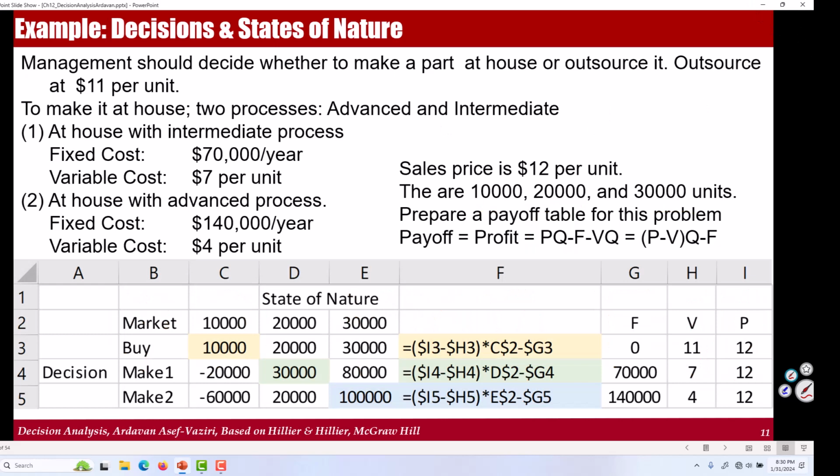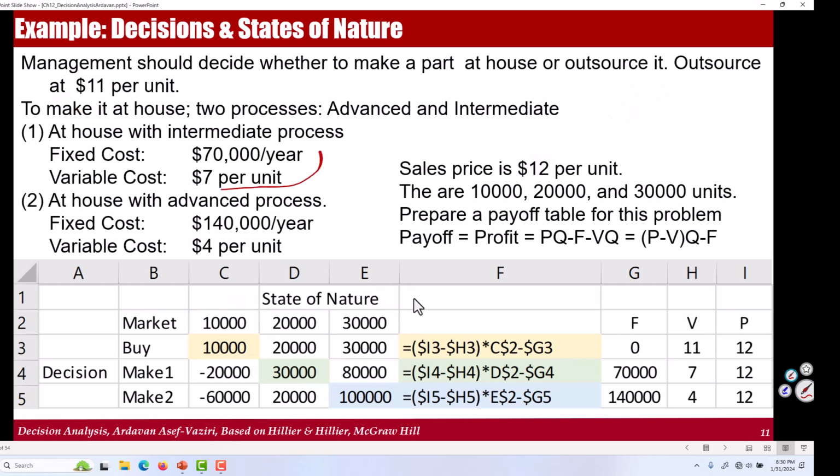Here, for example, the market is 10,000, the sell price is 12, and the purchasing cost is 11. On each product we make $1, therefore $10,000, $20,000, $30,000 under each of these.